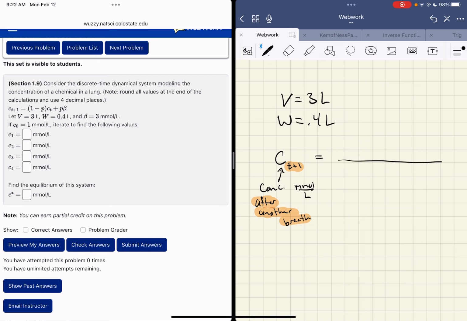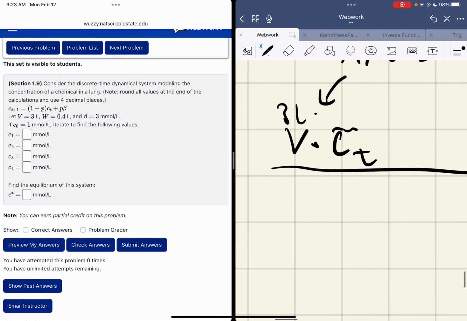There's the amount that you started with before another breath. So how much do you start with? Well, that's V times C_t. It's the volume, 3 liters, times whatever the original concentration in your lungs was. We've been going from C0 to figure out C1, but in general, there's some concentration. You take another breath, you have another concentration. I don't know what this number is, but I don't need to know.